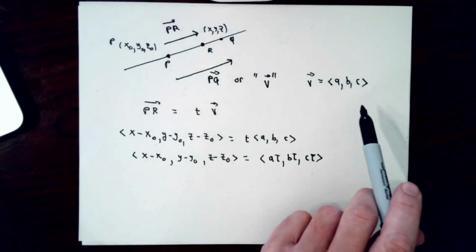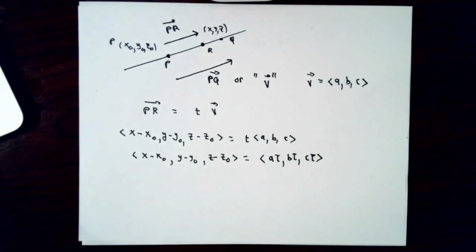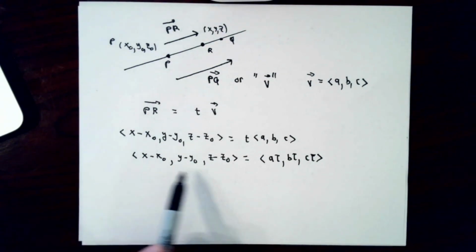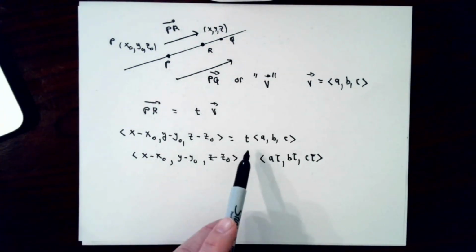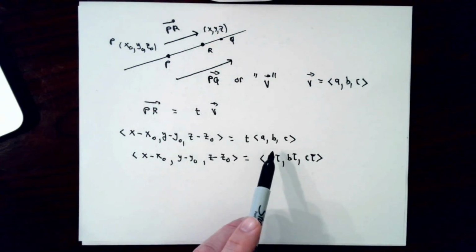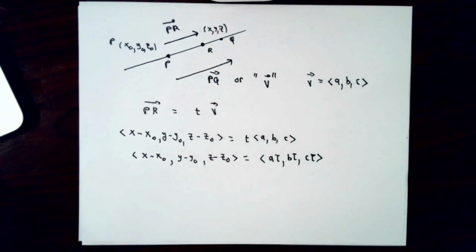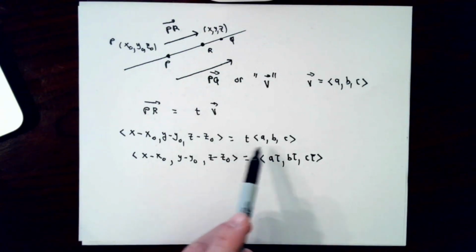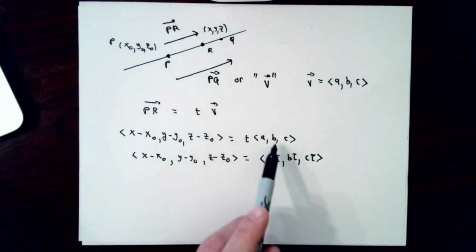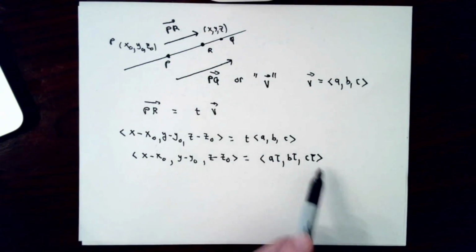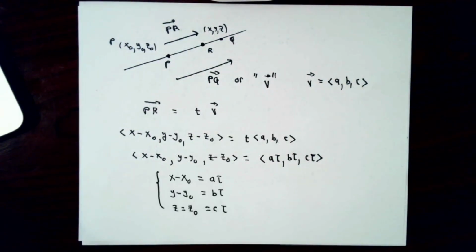I'm calling V A, B, C component-wise, so this vector must equal T multiplied by vector A, B, C, but we know how to multiply a number by a vector: T times A, T times B, and T times C. For 2 vectors to be equal, though, their components have to be equal.